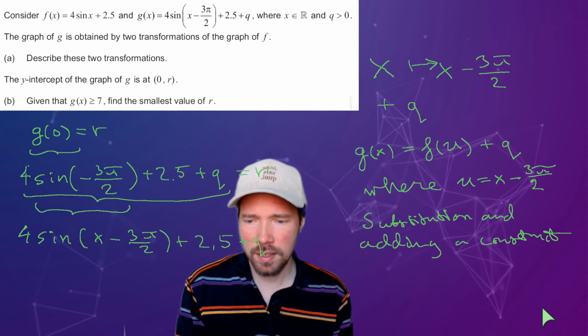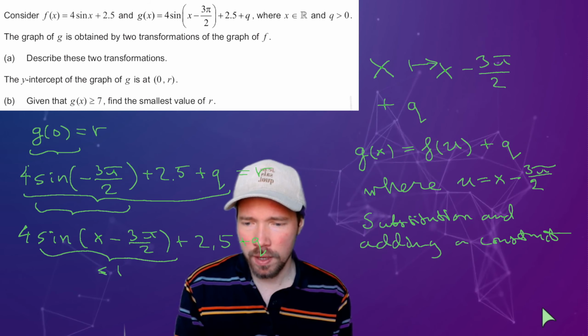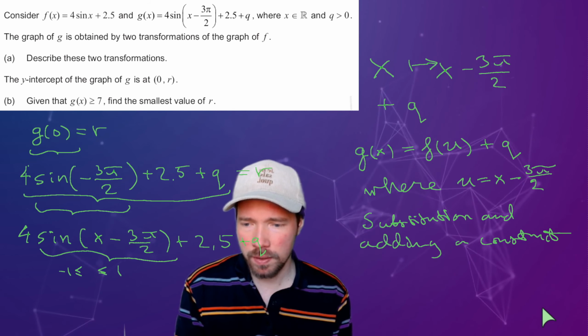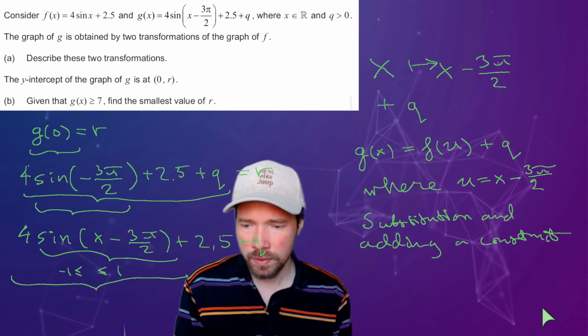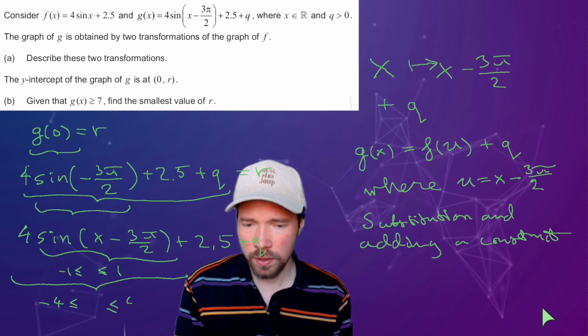Sine is always between 1 and minus 1. So when we multiply it by 4, it is between minus 4 and 4.